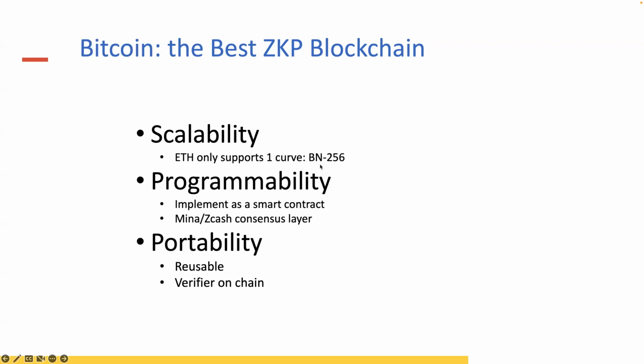If some new curve comes along, with better security or more performance, they cannot change it. You and I have been with Bitcoin, so you know how difficult it is to change the protocol. If it ever happens, it may take years. But for us, you can just code it. You don't have to wait for the protocol developers to agree with you.